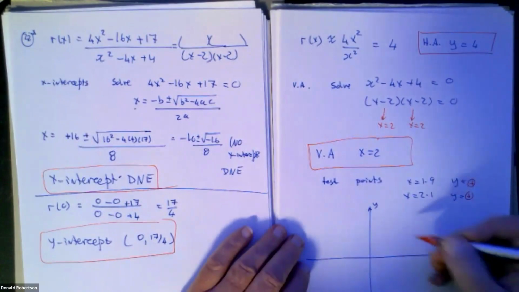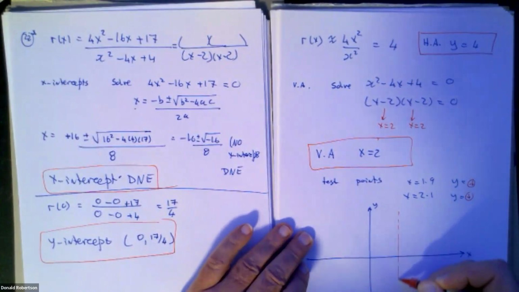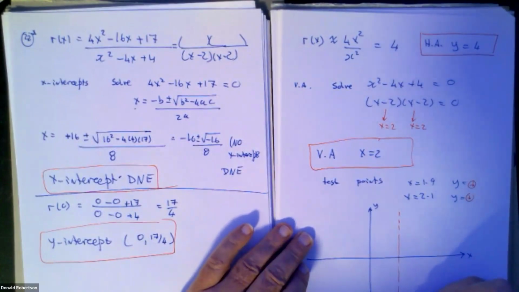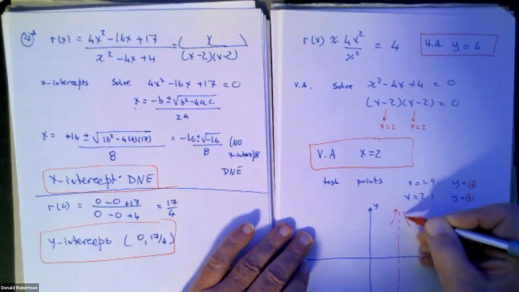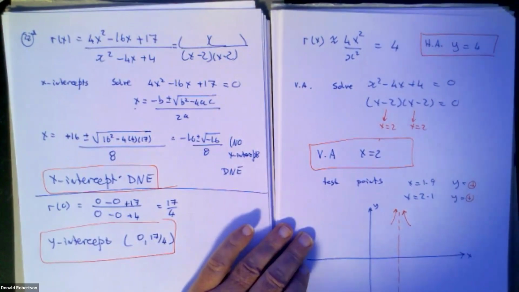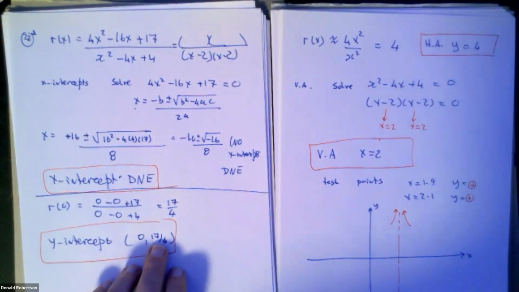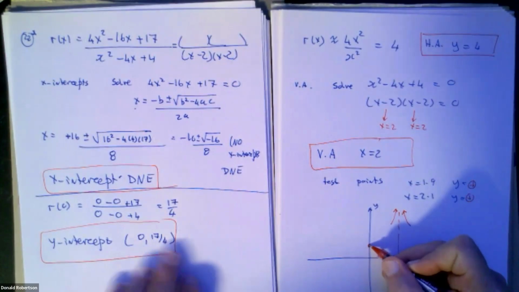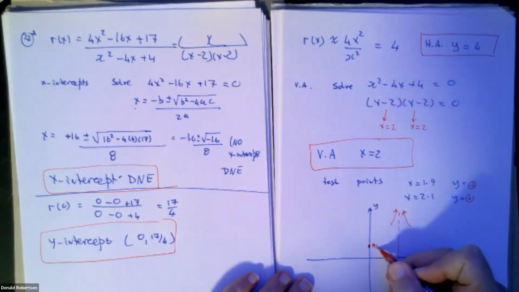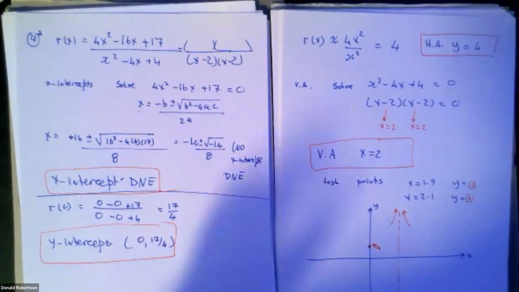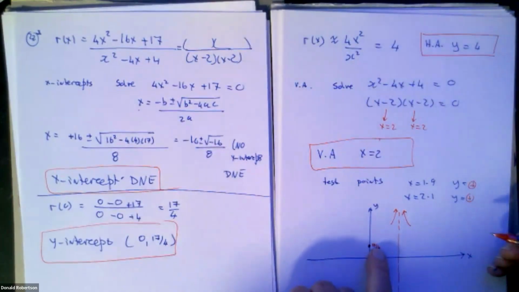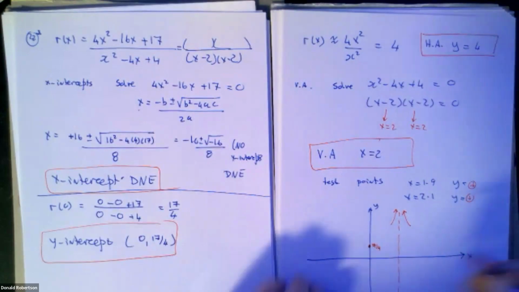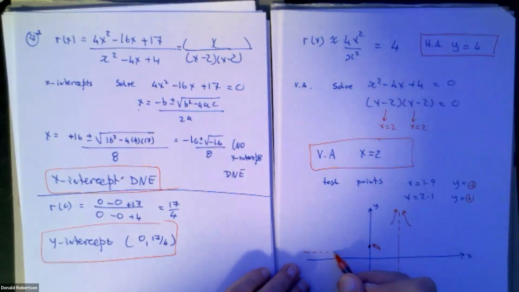Well, there is a vertical asymptote at x equals 2, and it goes that way on both sides. There is a y-intercept here, which I'm going to call 17 quarters. And there is a horizontal asymptote of y equals 4. By the way, 17 quarters is 4 1/4, so y equals 4 is just underneath it.